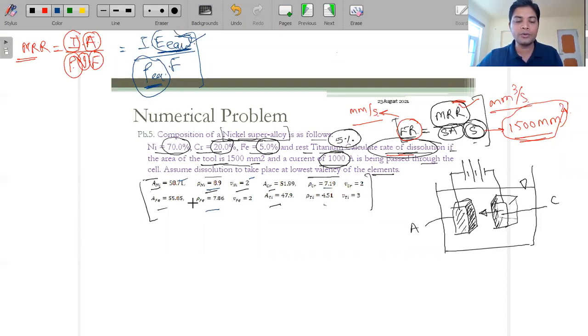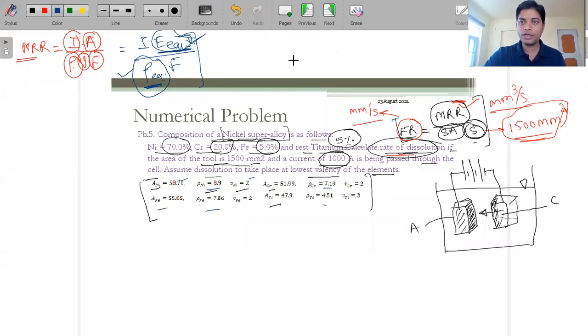So here you have to calculate the rho equivalent as well as the E equivalent. So let's move one by one. First of all we are calculating the E equivalent. Are you getting my point, guys, why we are calculating this one?